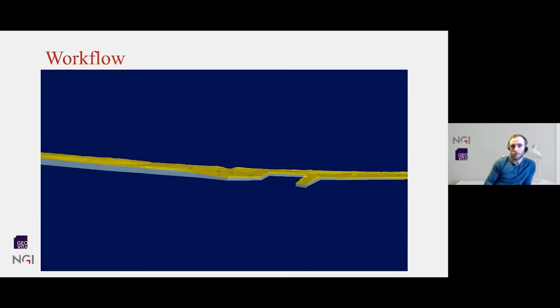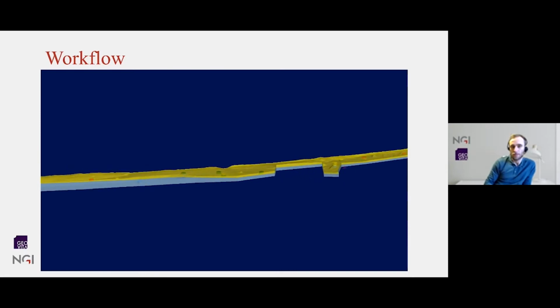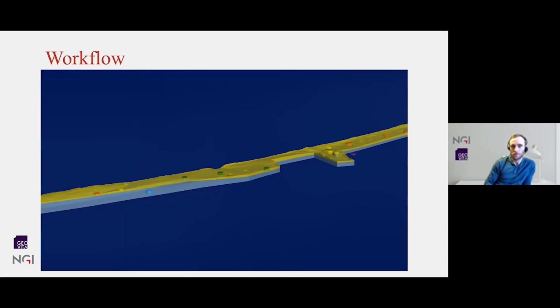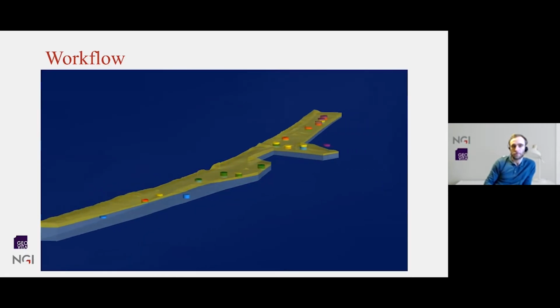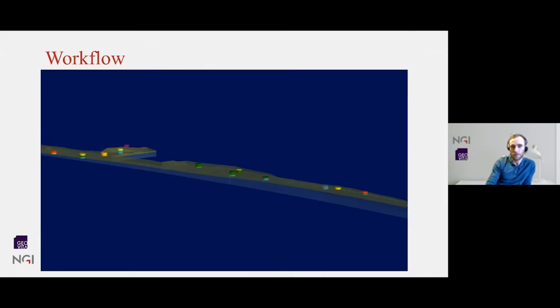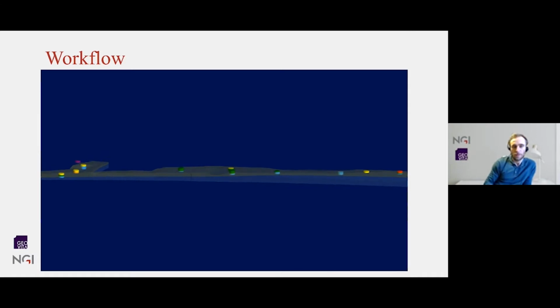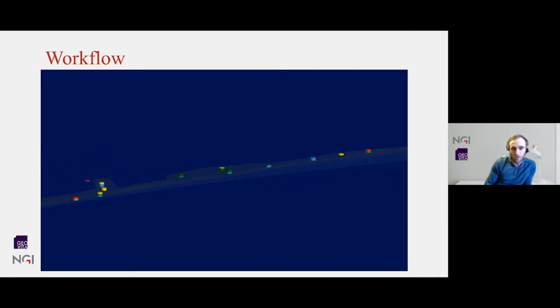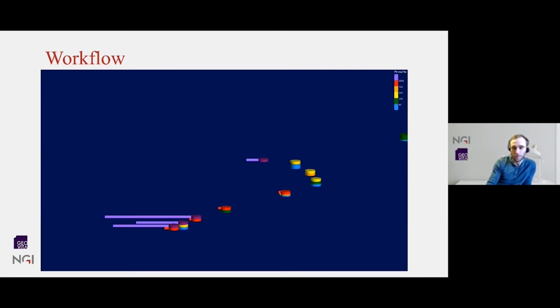Then we can start to look at the contaminants within the boreholes and the specific intervals. You see here the samples have been classified according to the Norwegian classification scheme, where purple includes the dangerous waste and red is the most contaminated soil. So here you can also look at specific parameters.